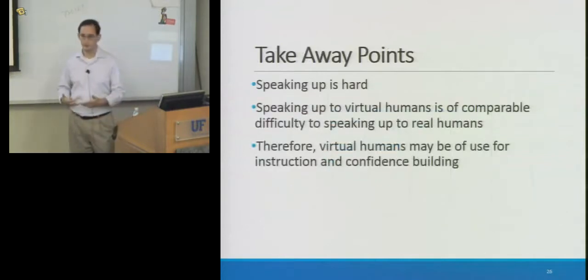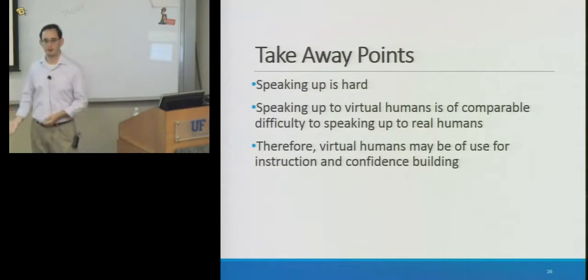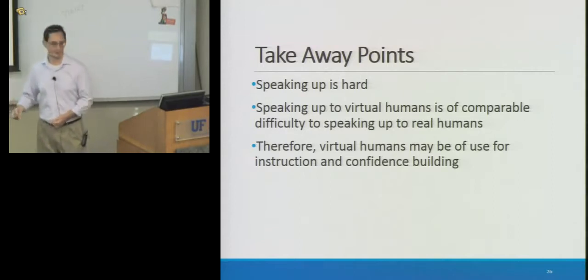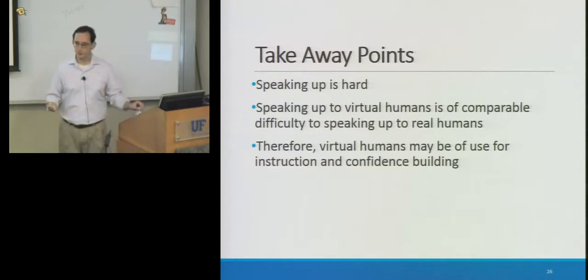So takeaway points from this particular case study, we see that speaking up is hard. 20% of nurses successfully stop the line, but that's also encouraging in that when I talk to nurses, they would usually guess the number would be around 5%, just because it's hard to do. So UF Health is not doing a very bad job. The other thing that we do see is that speaking up to virtual humans and real humans is of comparable difficulty.